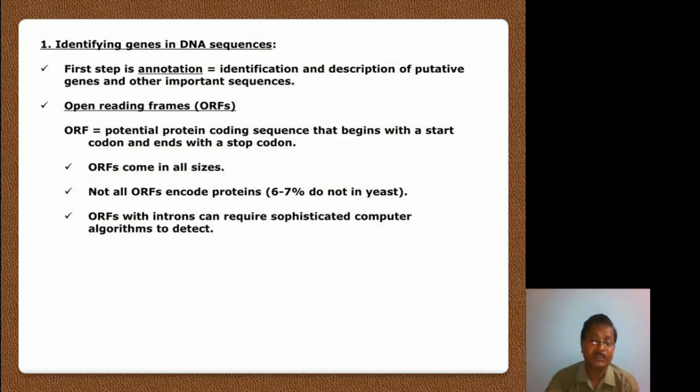ORFs come in all sizes, and not all ORFs encode proteins. In yeast, 6 to 7% do not code for protein. ORFs with introns, that is intervening sequences, can require sophisticated computer algorithms to detect.